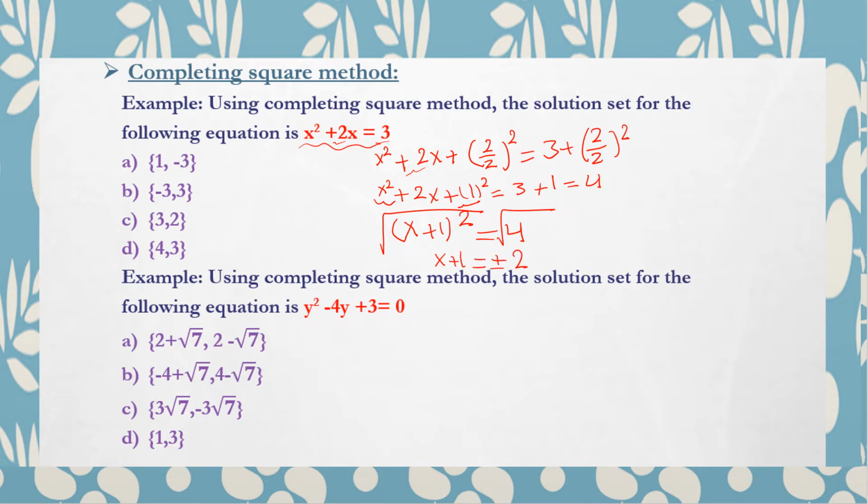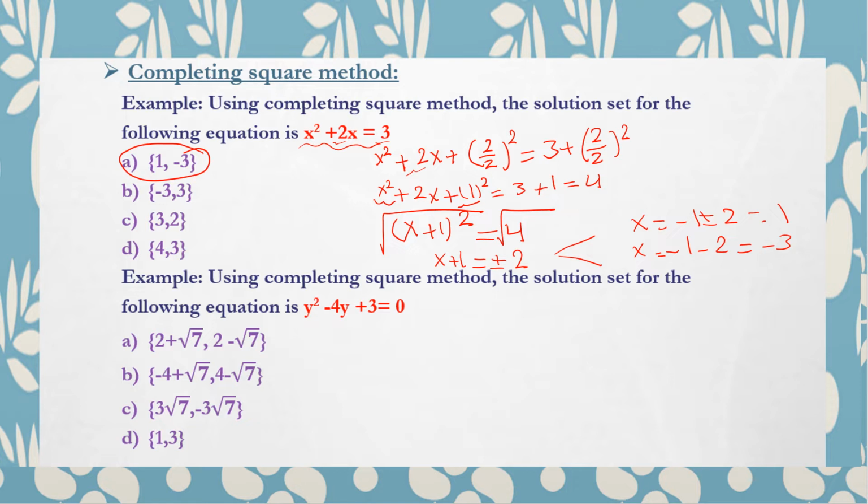Then the solution is x equals minus 1 plus or minus 2. So minus 1 plus 2 equals 1, and x equals minus 1 minus 2 equals minus 3. So the solution set is minus 3 and 1, and the correct answer is A.